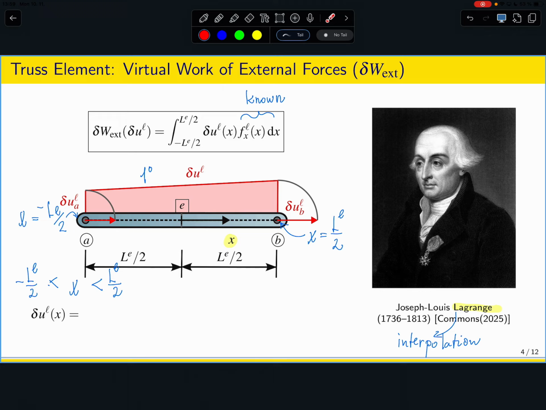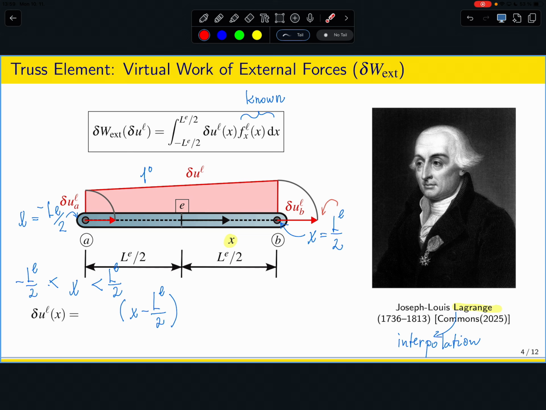Yeah, so what I can do is just imagining that I will move it to the left, for instance. So the easiest function, if I'm a super lazy person, which vanishes at this cross-section or node, is x minus LE over 2, because if I substitute for x this particular value, this always vanishes, and this is just the first order polynomial.